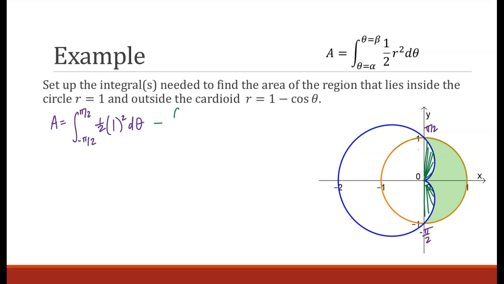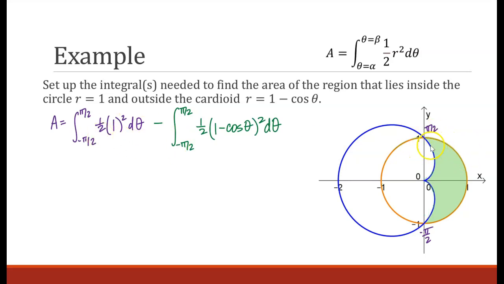I'm going to subtract the integral from, again, negative pi over 2 to pi over 2. So I'm starting from down here and collecting those little sectors. Negative pi over 2 to pi over 2 of 1/2 the radius of the cardioid, 1 minus cosine theta squared d theta.